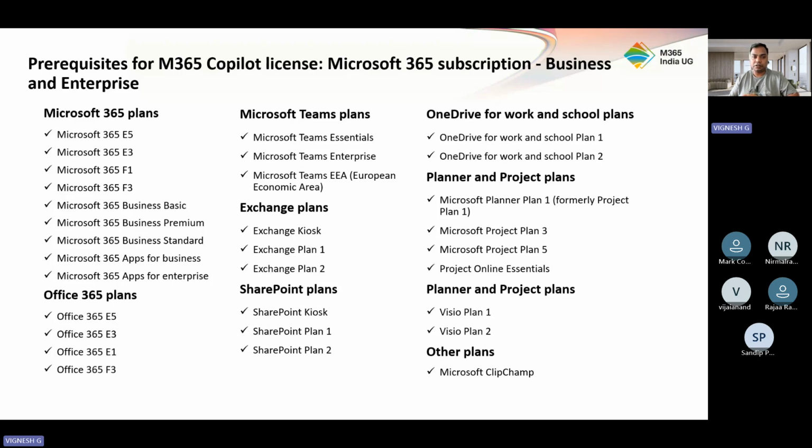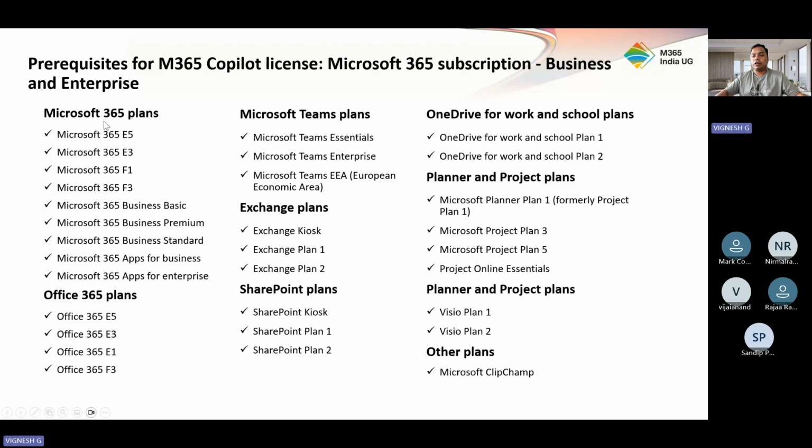So even if you have E3, you can purchase Microsoft 365 Copilot as an add-on by spending $30 per user per month. But today, that's not the case. Microsoft has made sure that as long as you're using any of these plans, you can go ahead and purchase Microsoft 365 Copilot on top of this.